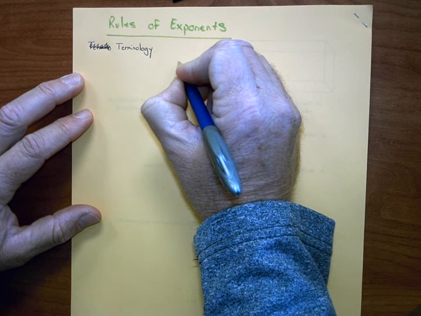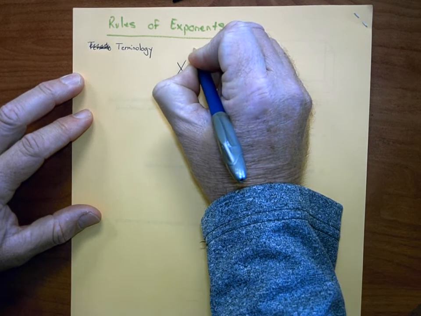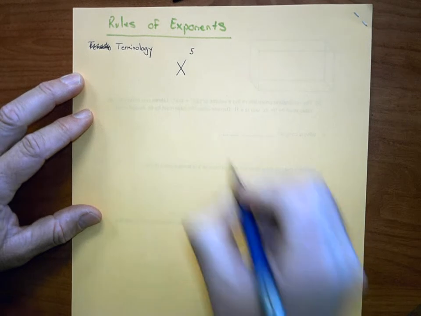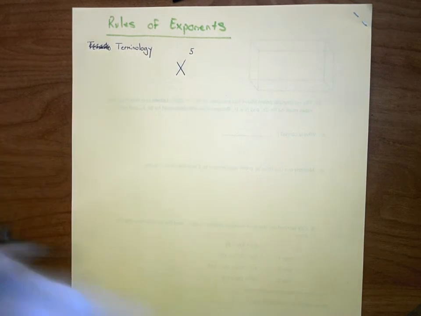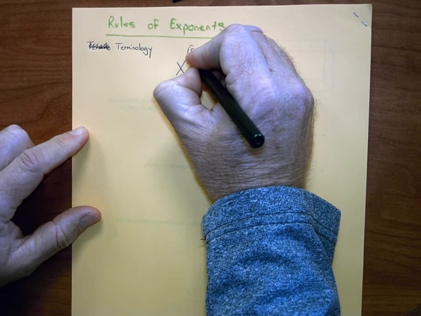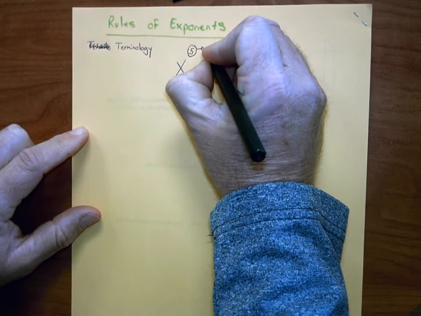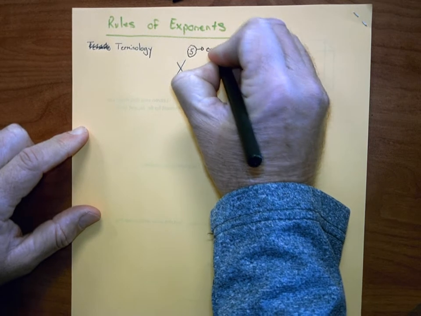So let's say that I have x to the power of 5, okay? The terminology that you're going to hear is, and this is information that all of you already know, but it's good to review it. Where the 5 is, that is what is called the exponent.